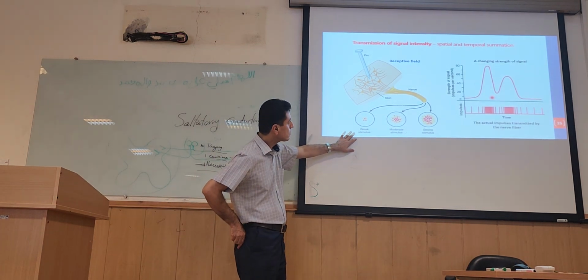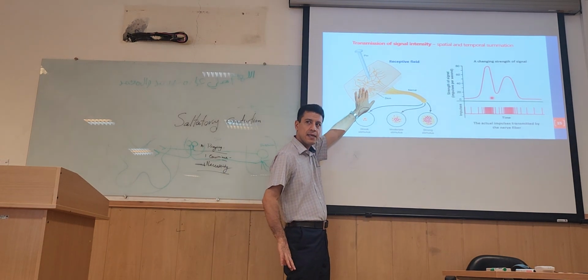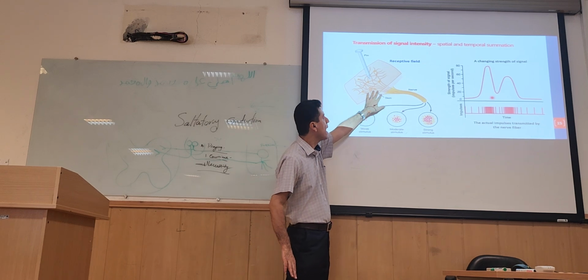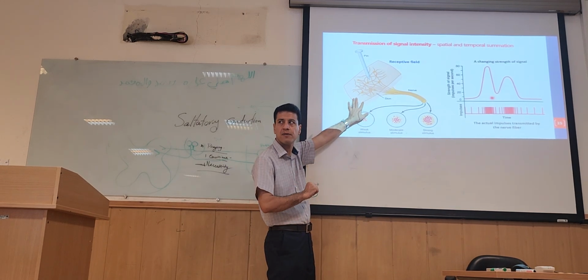Okay. So, we have a pinprick to a piece of the skin here, and this skin is innervated by parallel sensory fibers, so each of them has its own receptive field, right?